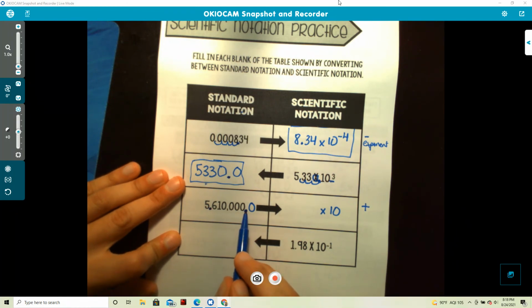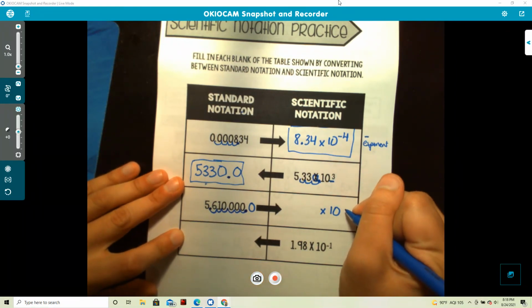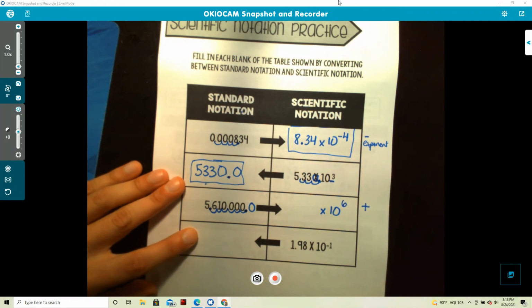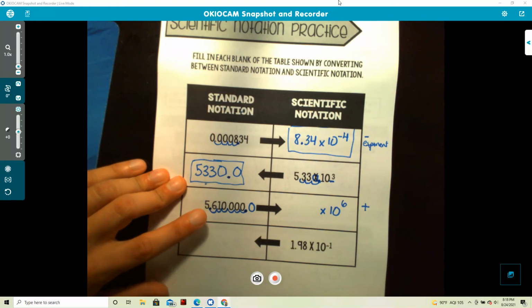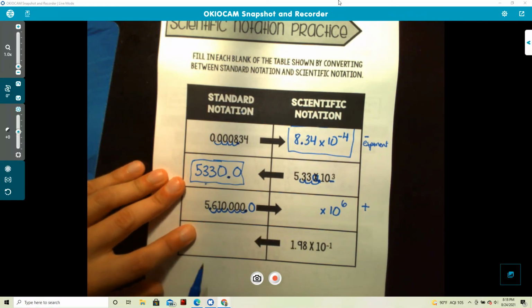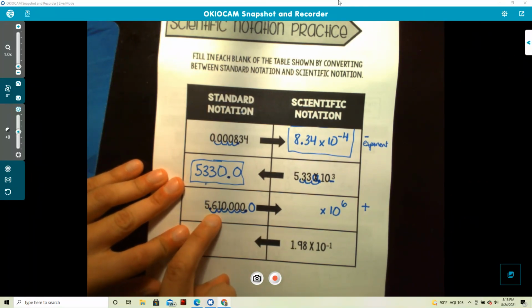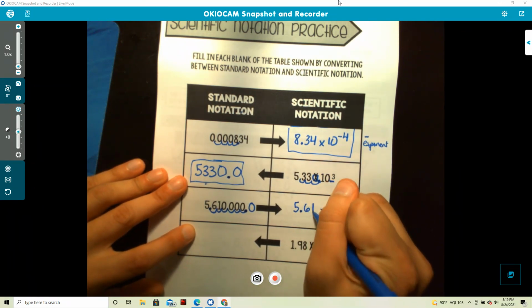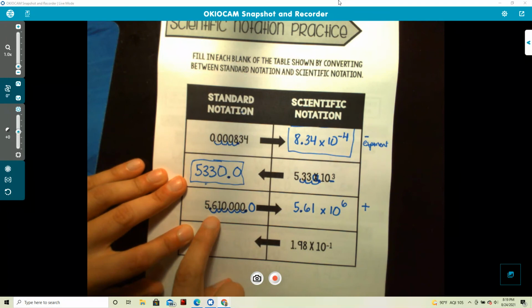So I'm going to go over 1, 2, 3, 4, 5, 6. So that means our exponent is going to be positive 6, since our standard notation is greater than 1. And what are we left with? We're left with 5.61. You just don't express any of the zeros.